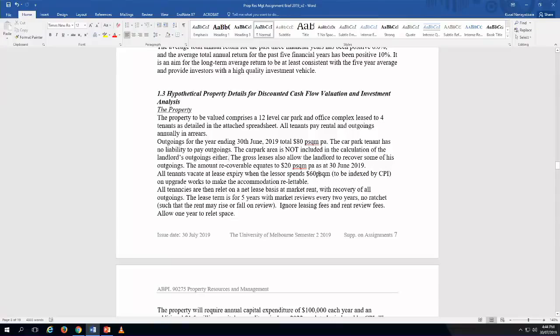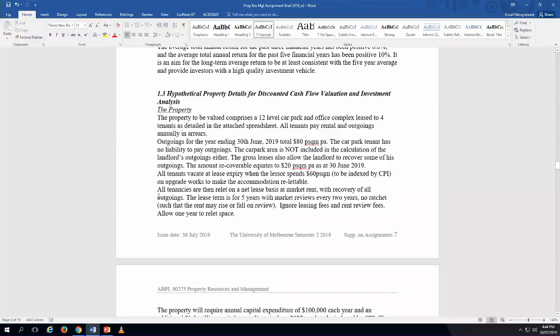So this $60 per square meter is in today's dollars, 30th June 2019. If the tenants leave the building in 3 years' time, you need to increase this by CPI, meaning Consumer Price Index.